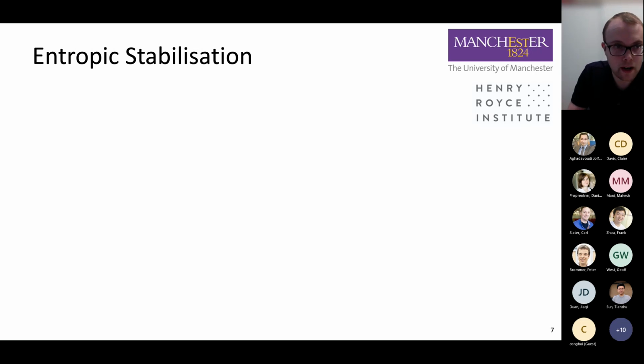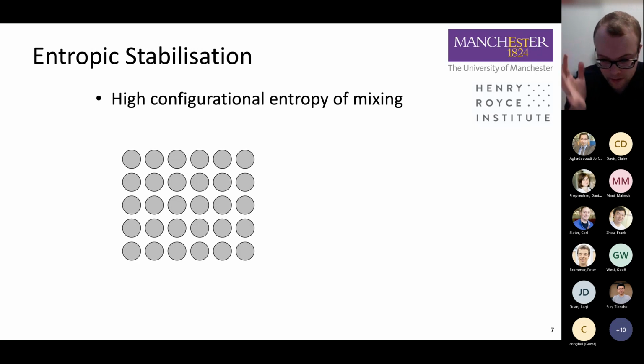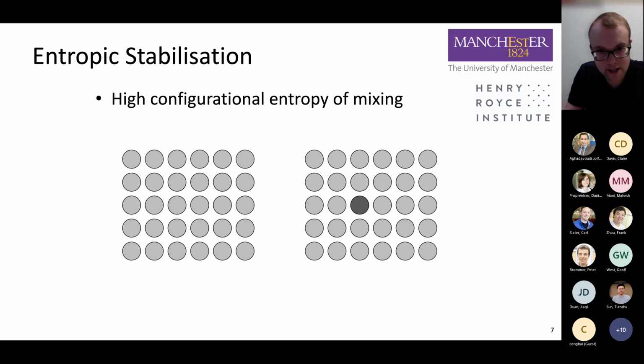So if we talk about entropic stabilization to begin with, hopefully many of you are familiar with the idea of configurational entropy of mixing. If I have a pure substance on the left-hand side here, the configurational entropy of mixing is essentially 0, because the number of unique ways in which I can arrange that system is 1, and we log that and we get 0.